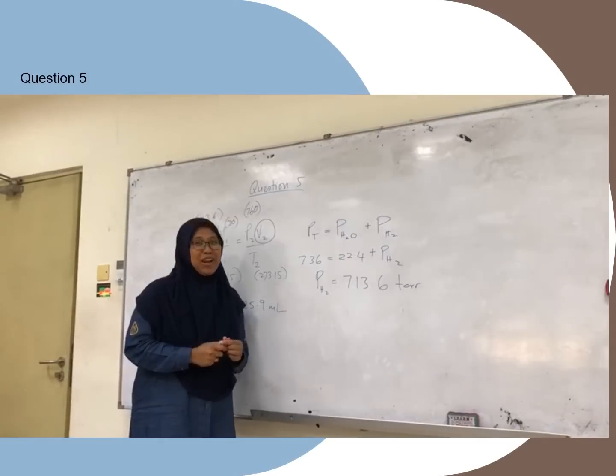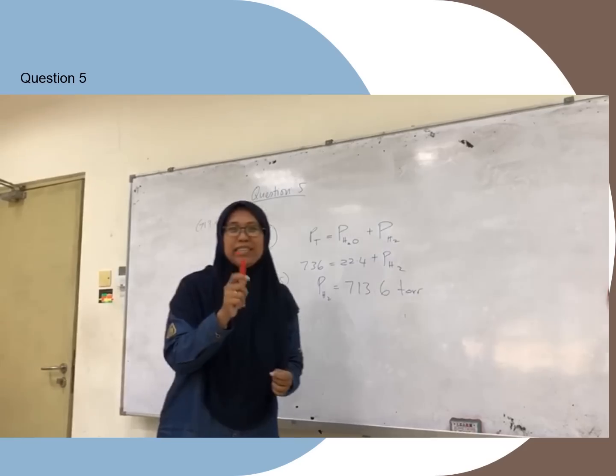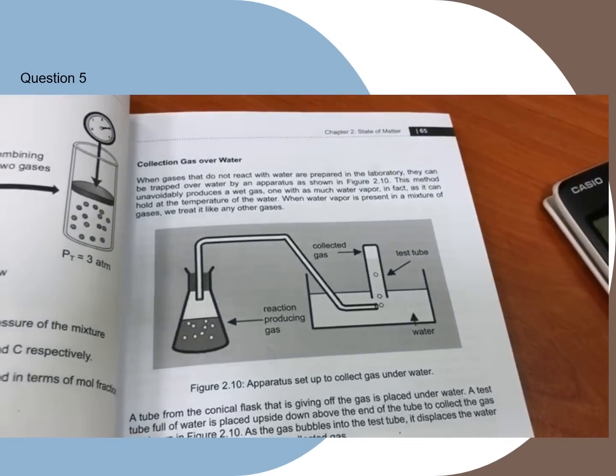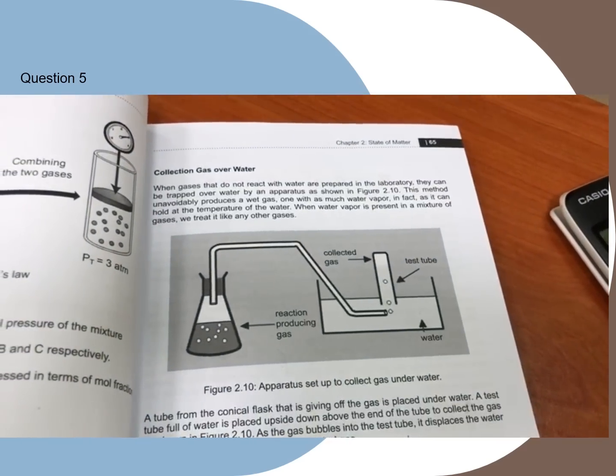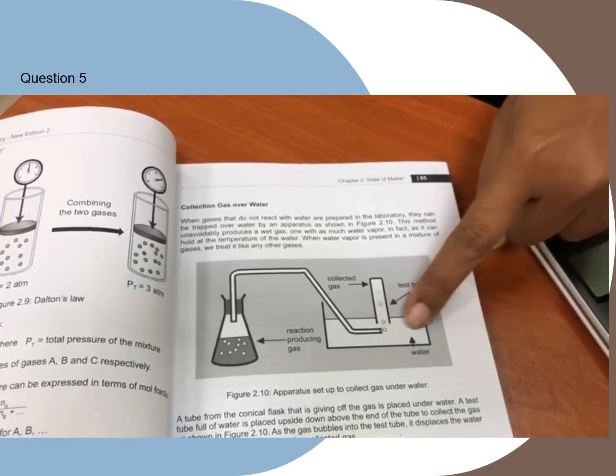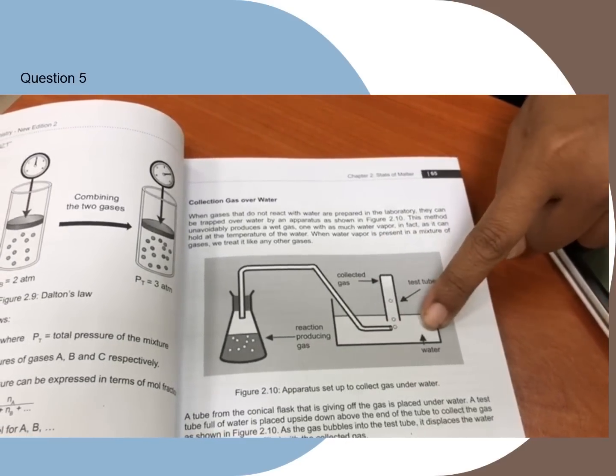For question 5, we are going to do the water displacement method. Look at figure 2.10, apparatus set up to collect gas underwater. We are getting the gas here and we have to deduct the pressure of water.